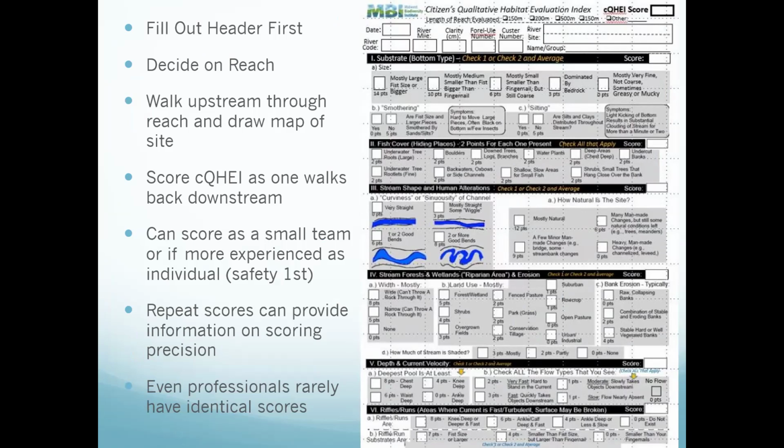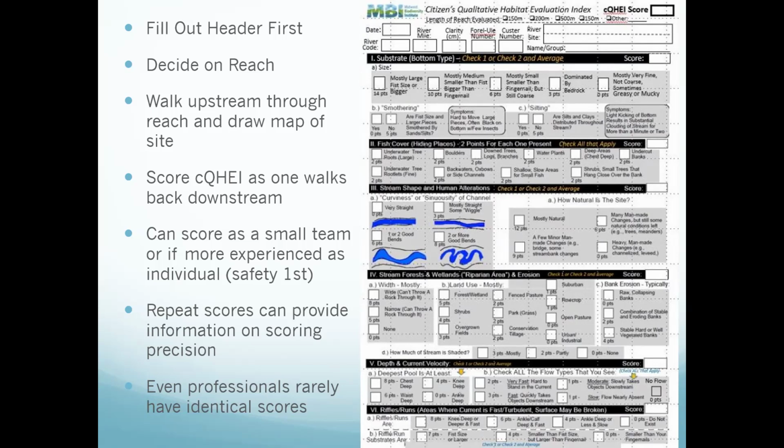Then you can check those at the end based on your overall evaluation of your reach. So you'll score the cQHEI as you walk back downstream if you want to follow this general protocol. It's flexible based on what works for you. You can score it with your stream team if you'd like, or you can each do one individually and then discuss.